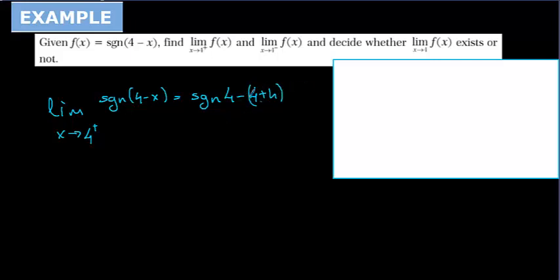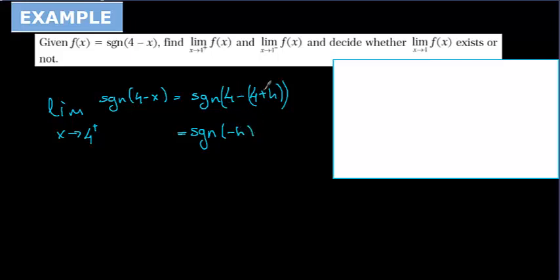We are going to apply the same method, and we are going to find limit x tends to 4 from the positive side, sine of (4 minus x) is going to be equal to sine of (4 plus h) minus 4, minus (4 plus h), and that's going to be equal to sine of (4 minus h), sine of minus h.